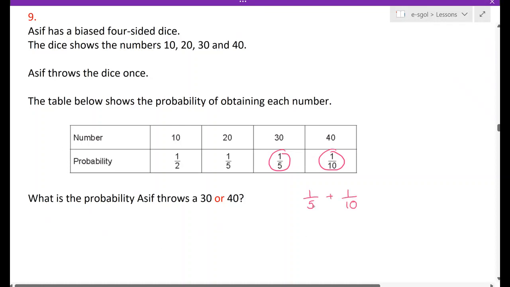And then, of course, you can either do this on your calculator if it's a calculator question. And if it isn't, we would need to change 1/5 into 2/10 using equivalent fractions before we add them. So the problem would become 2/10 add 1/10. So the probability here would be 3/10 altogether.